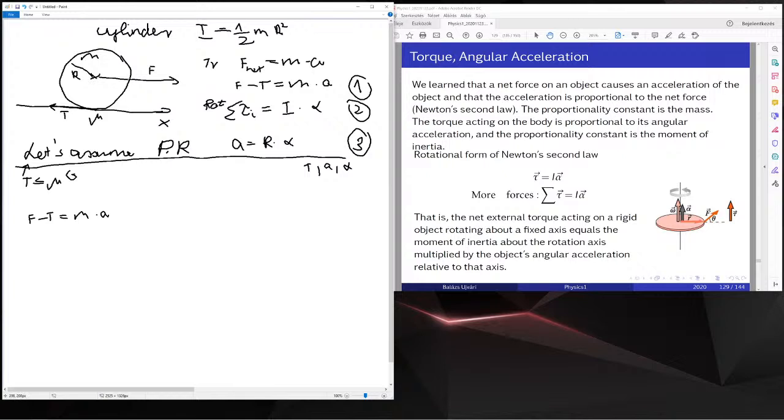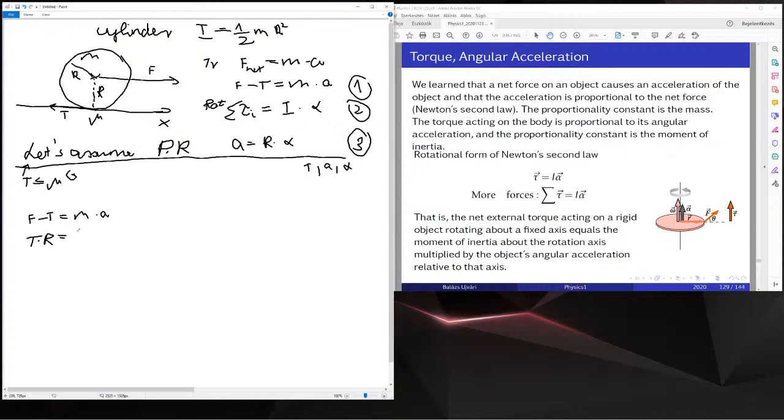Since this force goes through the axis of the rotation, the sum of the torque will be only T times r. So this is force, this is level arm. Why is r the level arm? Because the distance between force and axis of the rotation is exactly r.